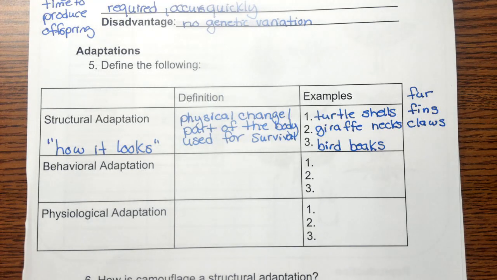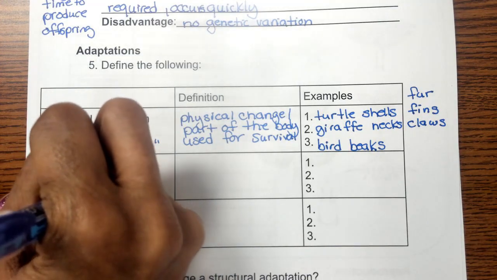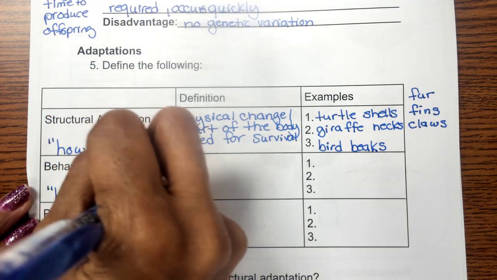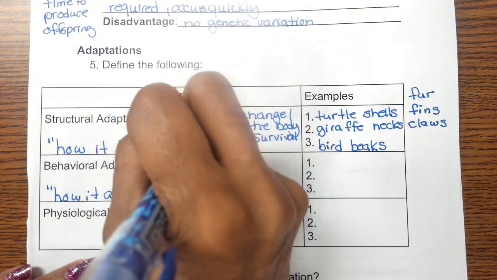Okay, moving on, behavioral adaptation. This is how it acts. Okay? So these are activities an organism does to survive.